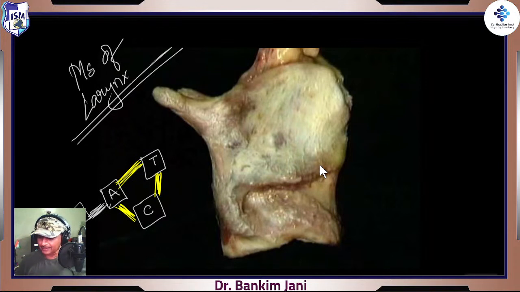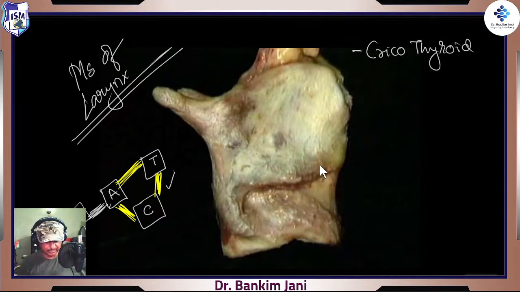These are the easiest way to remember the names of the muscles. Right now there are no muscles. We have removed all these muscles in this specimen and now we'll start adding. Which muscles are we looking for? One is between these two big bosses: cricothyroid. So there'll be a cricothyroid muscle.